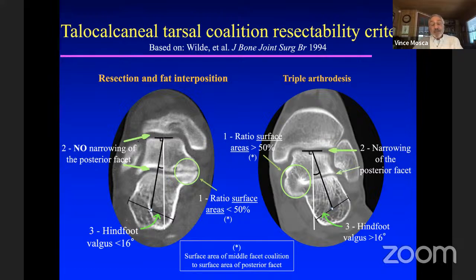Whereas if they had a very large surface area coalition, as on the right, it would always be associated with a narrow posterior facet and always associated with excessive hindfoot valgus, so one would perform a triple arthrodesis.